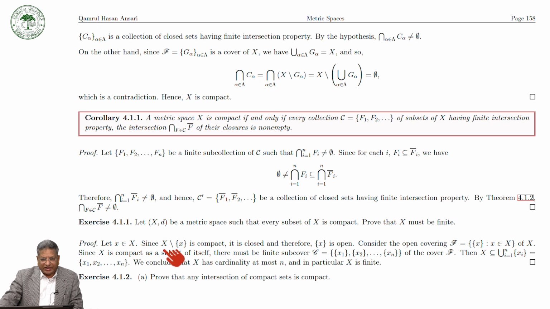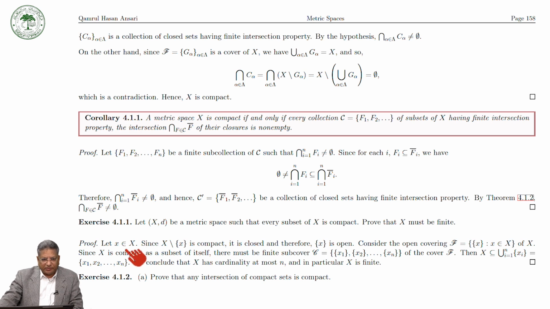So from the set X, we are just taking out the singleton set {x}. And we have proved that every compact set is closed, and therefore this set is closed. Hence the complement of a closed set is open, and therefore the singleton set is open. So this way we can prove that the singleton set is open.